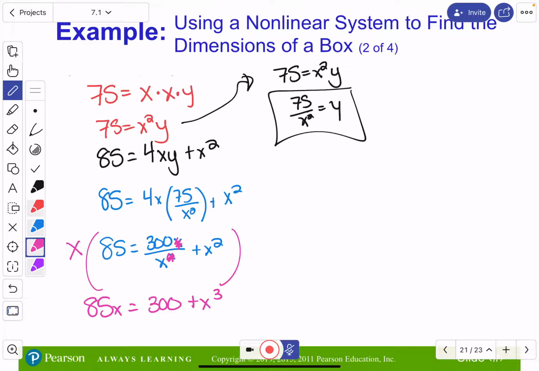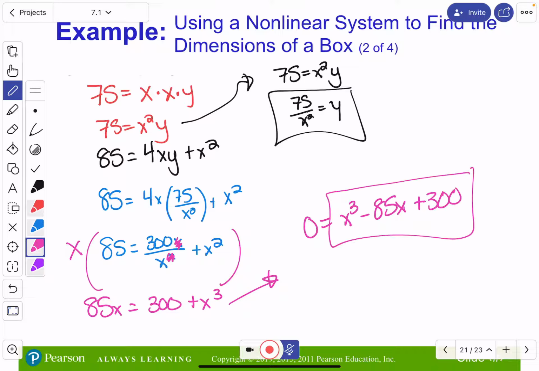And if I solve that for 0, 0 equals x cubed minus 85x plus 300. So we're going to graph this and see where it equals 0.